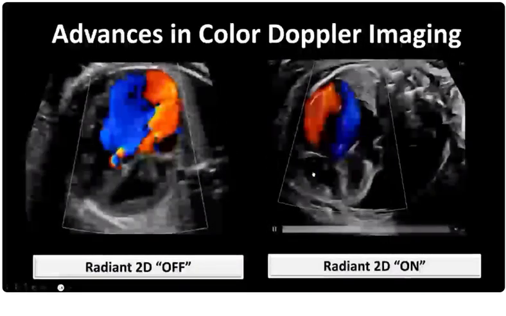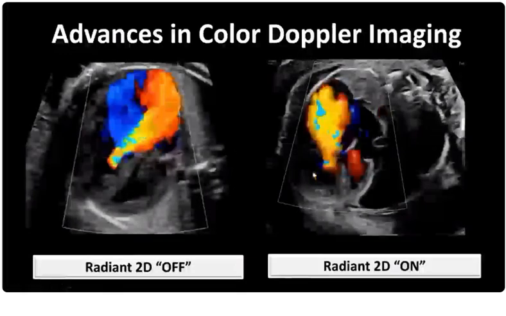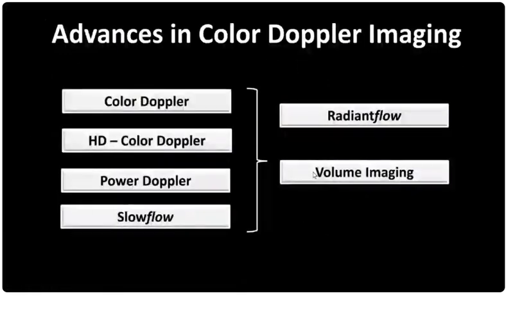This is because of the radiant flow technique that was recently developed. I would also like to highlight that GE ultrasound equipment has a wide range of color Doppler modalities, from conventional color Doppler and HD color Doppler to slow flow, which is the technique for microvasculature assessment. I would like to spend more time on that.